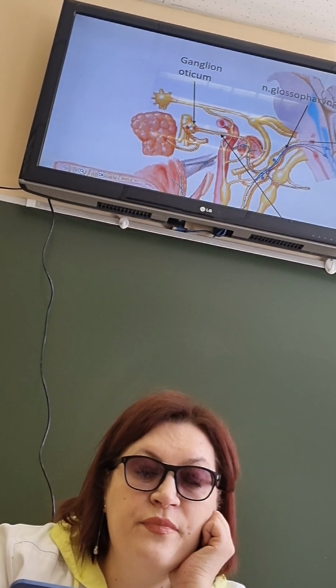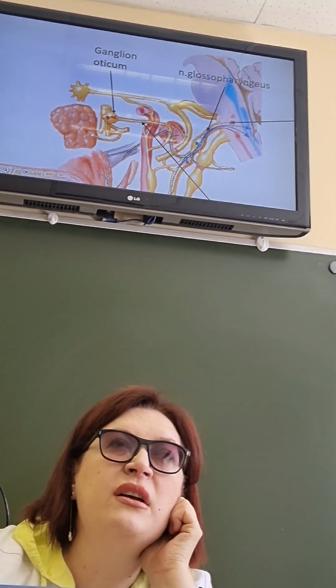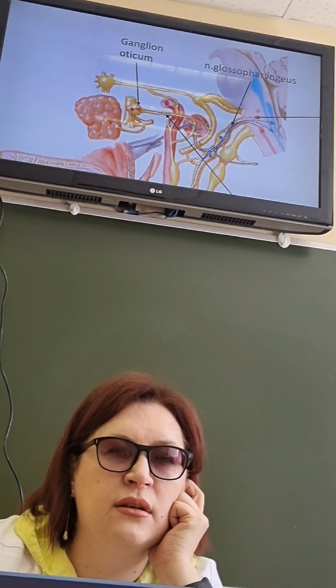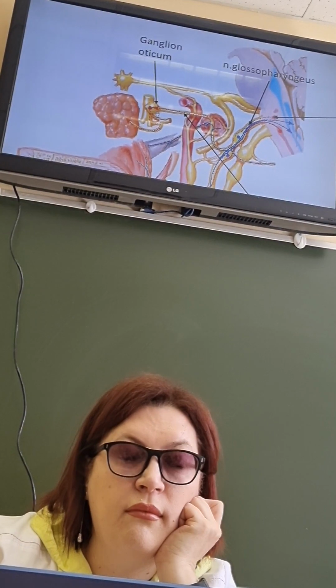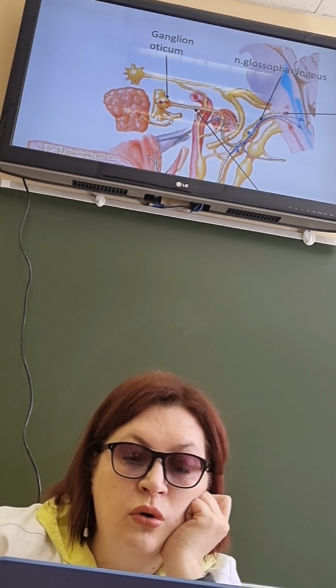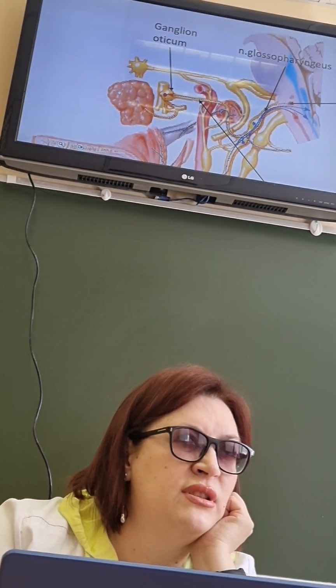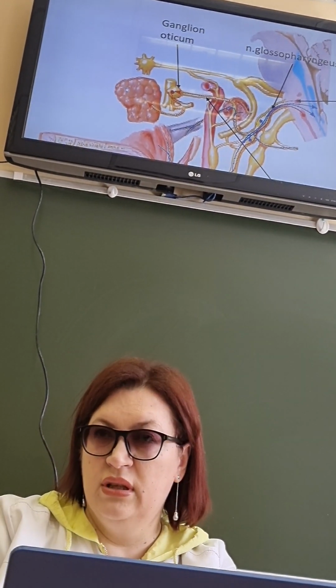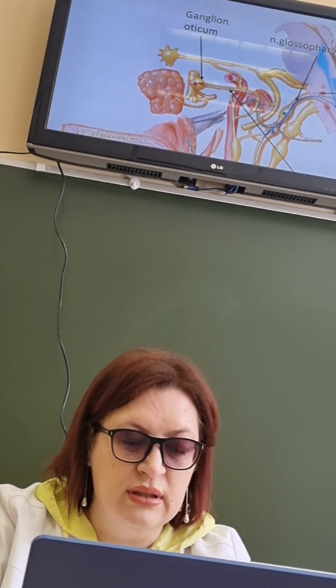And axons of the third neurons, together with branches of the fifth trigeminal nerve, the auriculotemporal nerve, go to the parotid gland and supply the parotid gland. That's all for salivation of the parotid gland.